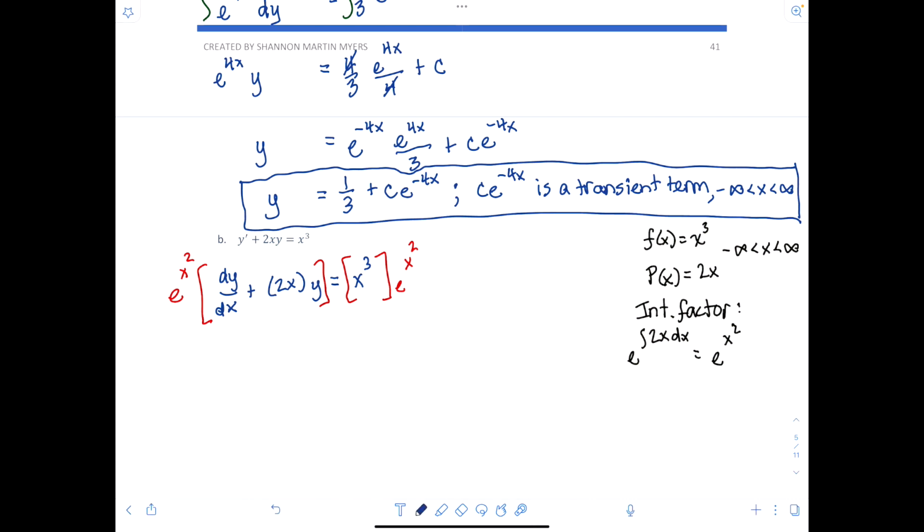So remember that this is going to give us the derivative with respect to x of these terms. E to the x squared would be the first factor, y would be the second factor.